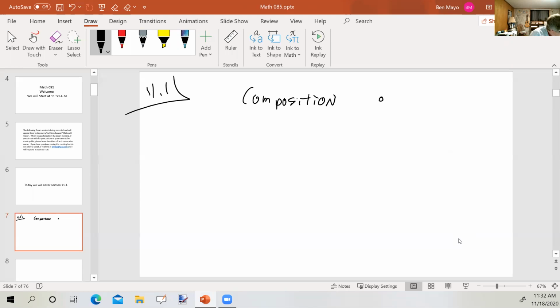Okay, let's say that we have the following. We have f of x equals 2x plus 1, and g of x equals x squared minus 1.